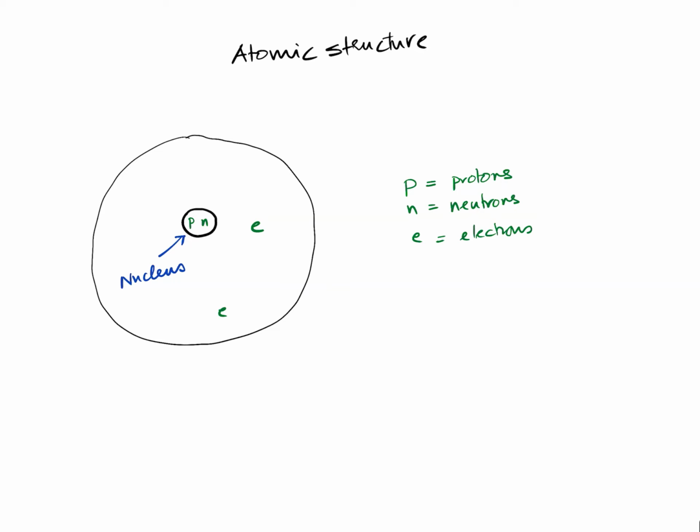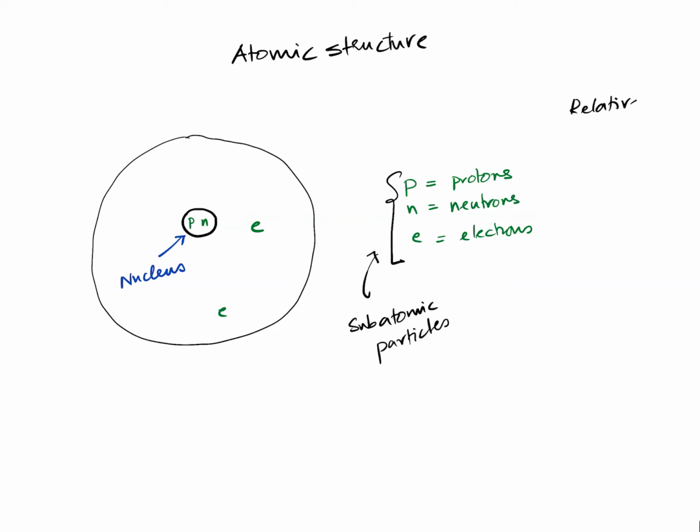Okay, and these collectively are known as subatomic particles, because they're within the atoms, hence subatomic particles. Okay, so these three particles, each of them is associated with a mass and a charge, and these are all relative to each other. So let's put them up here.